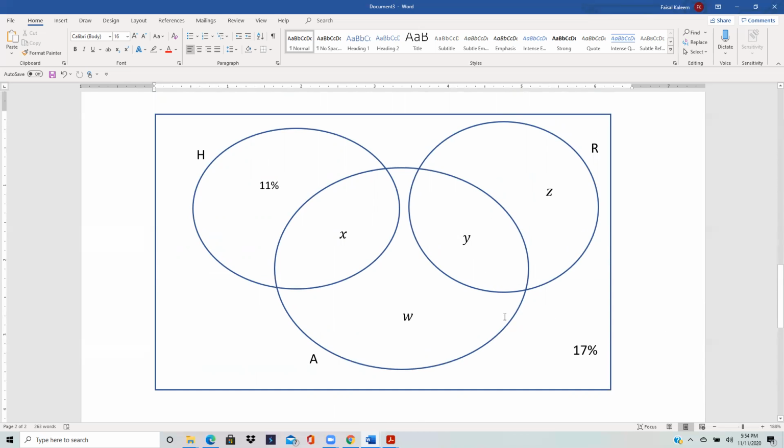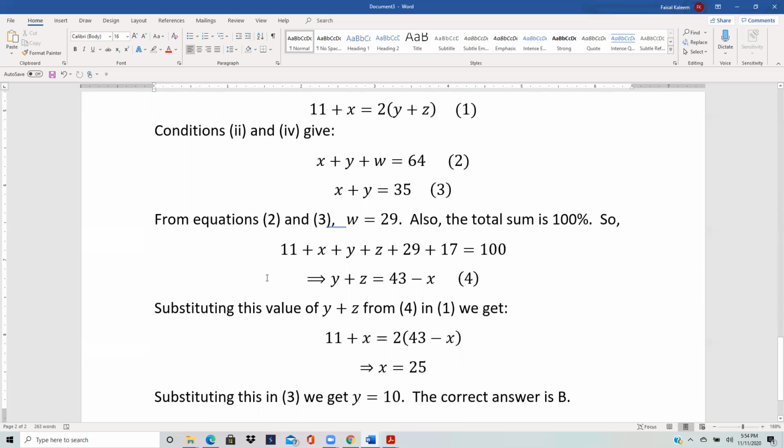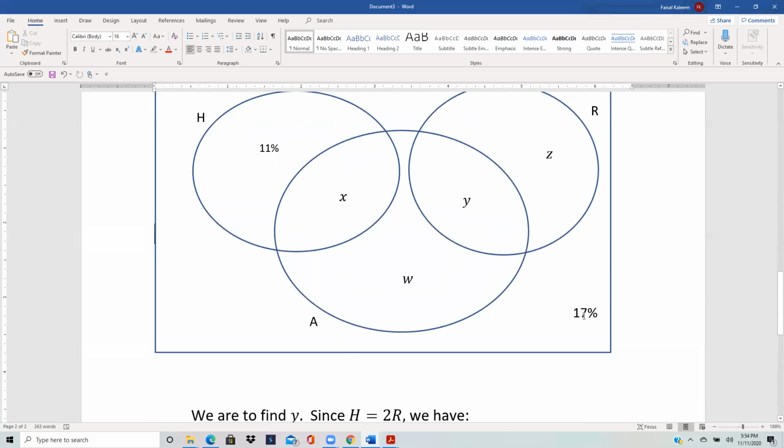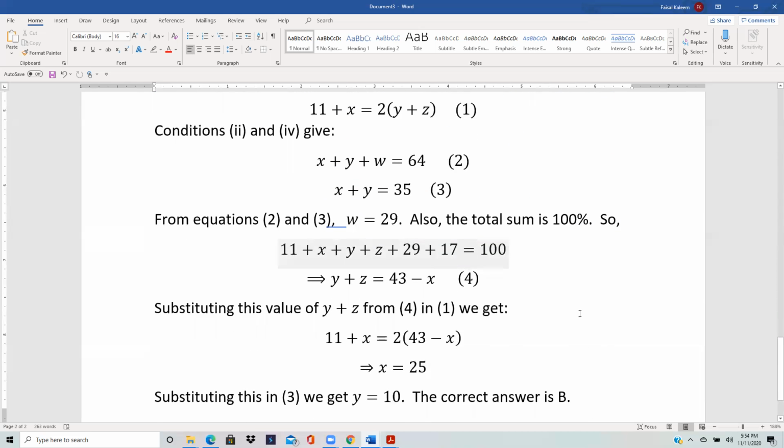That's the whole universe. So that means 11 plus X plus Y plus Z plus W plus 17% is 100. I have substituted the value of W since we already know that's 29, and then plus 17 is this outside, which is none of the three. And all that should equal 100.